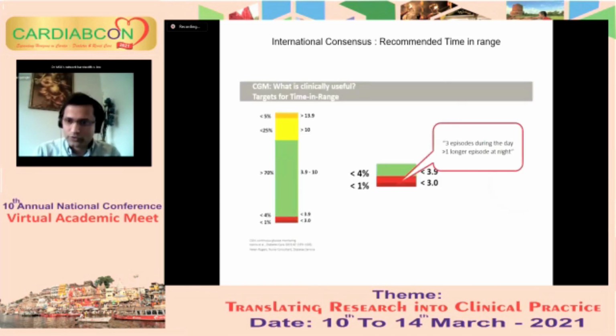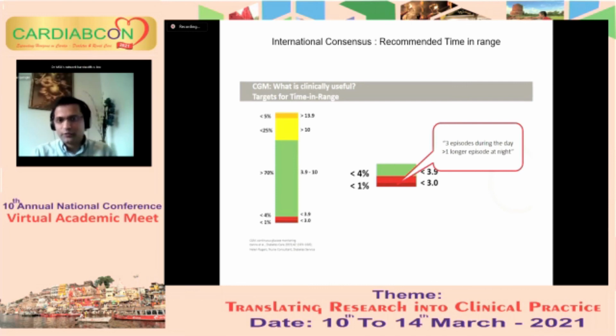And as Dr. Chawla mentioned earlier, there are international consensus guidelines when we look at the CGM data and the time in range. If the time in range is more than 70%, that's a reflection of an HbA1c of 7%, and there is growing evidence that this can reduce future complications of diabetes.